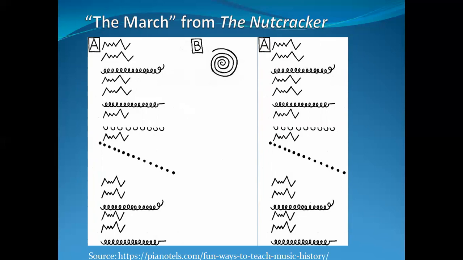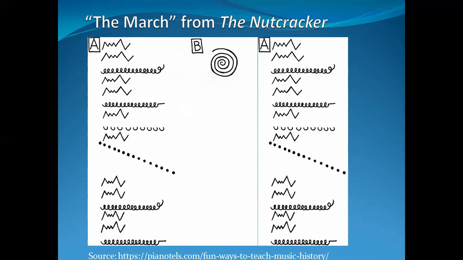It's in ternary form, and then all the various motives have been drawn. This is just an example that I got off the internet. And for each of the motives, the learners can just draw their own representation of it. But that gives them a visual map of the music piece.